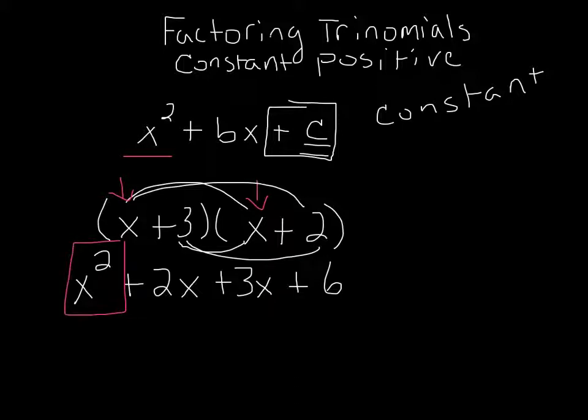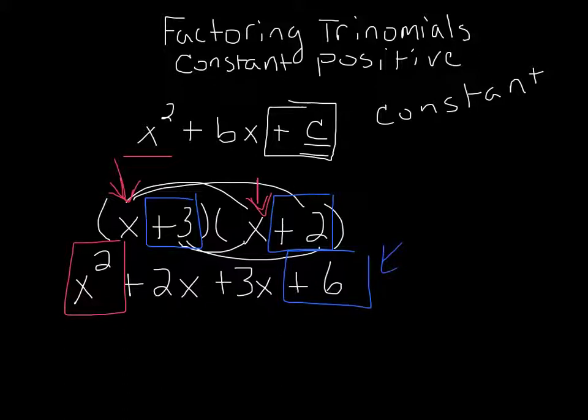To get the first term in our answer, you multiply the very first term times the very first term. To get the last term, we multiplied the last term in our factors times the last term. So the last term times the last term equals the last term in your answer. That's the beginning part: you need to figure out what two numbers multiply to be the last term.